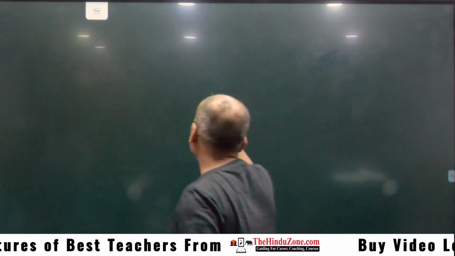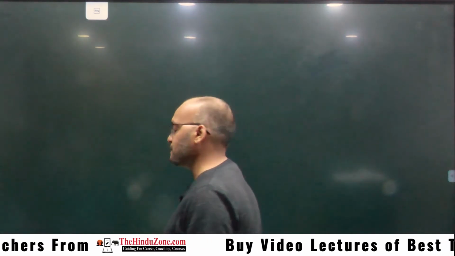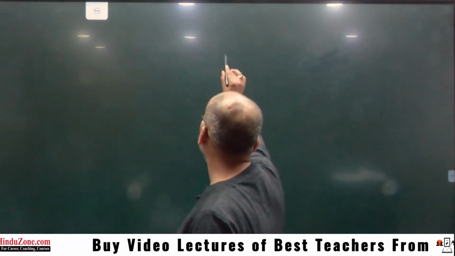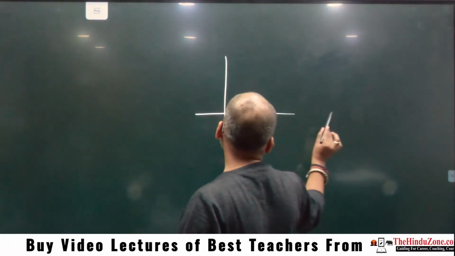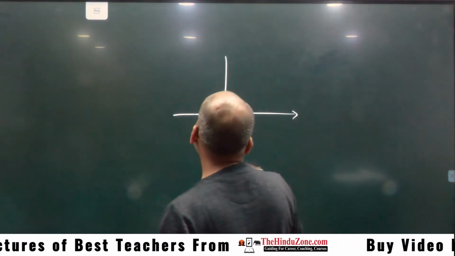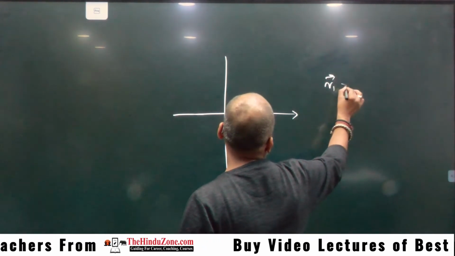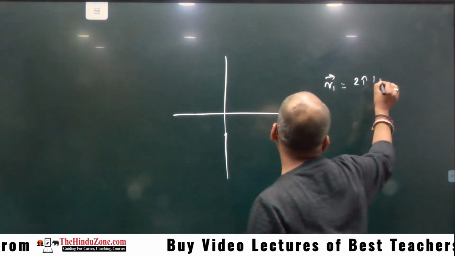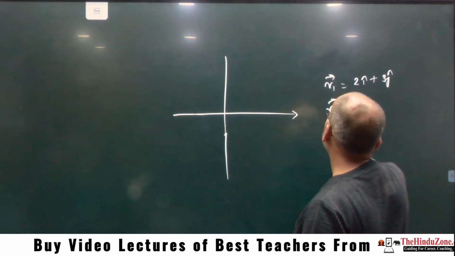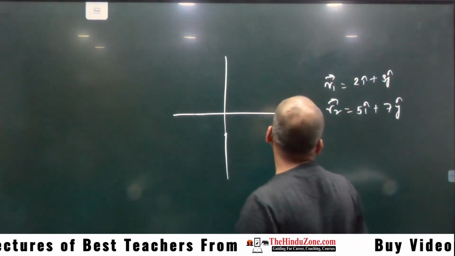Now please see, from here the original meaning of displacement comes. Suppose I have a vector r1, a position vector, which is 2i plus 3j, and a vector r2, which is 5i plus 7j.